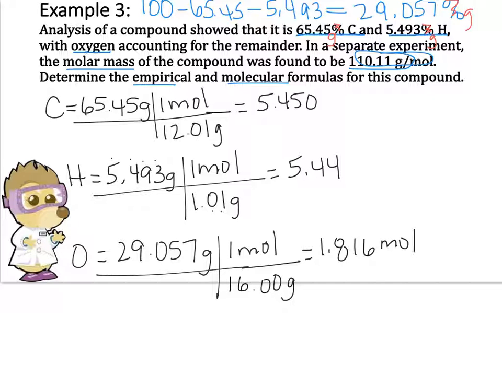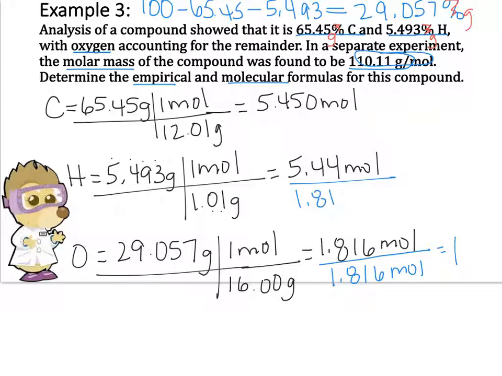Alright. These are all moles for our units. Alright. The next step was to divide all of them by the least or the smallest number. So this is my smallest number. So I will divide them all by this number. When I do, I get a 1 there. When I divide this one, I get a 2.99.